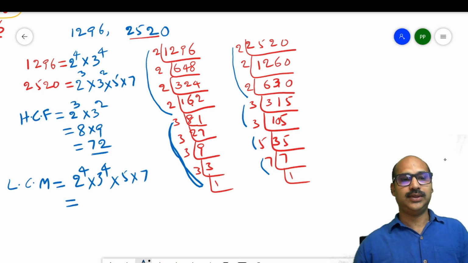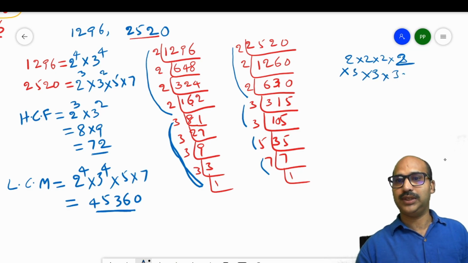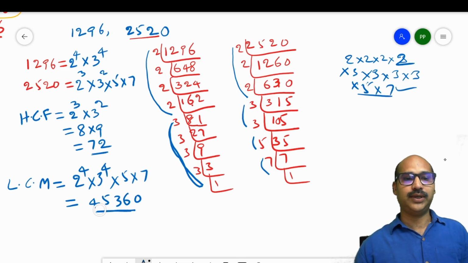This is equal to 45360. What we have to do to get this? 2 four times, 3 four times into 5 into 7. So here 2 into 2 into 2 into 2 into 3 into 3 into 3 into 3 into 5 into 7 we have to do to get this 45360.